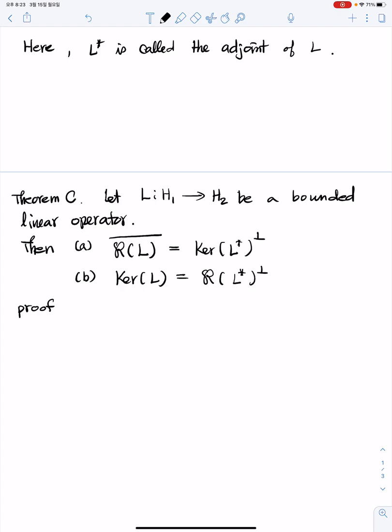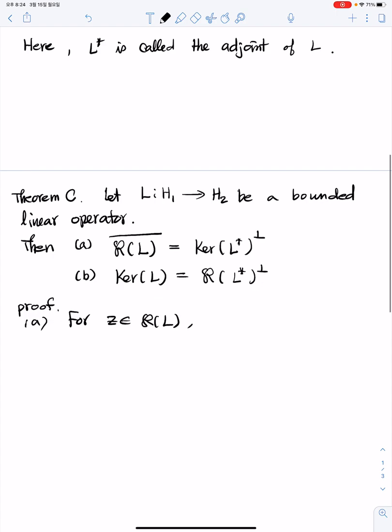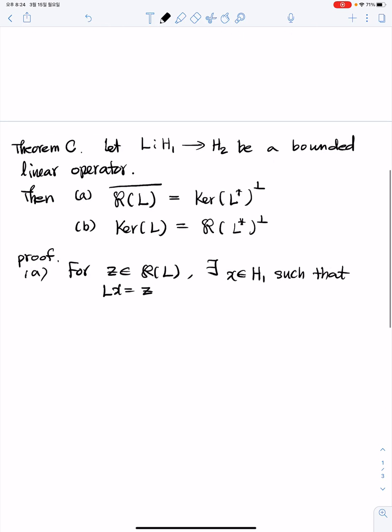First of all, we want to prove this. For part A, I take any element z in the range of L. Then there exists x in H1 such that Lx equals z, right? So we have that one.